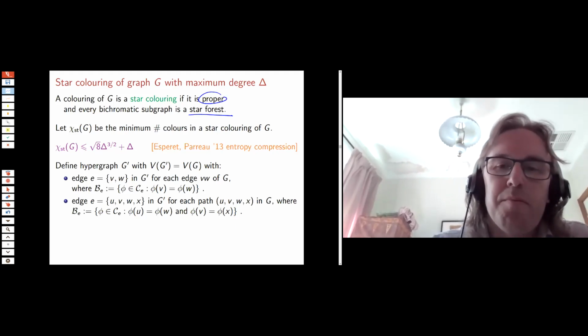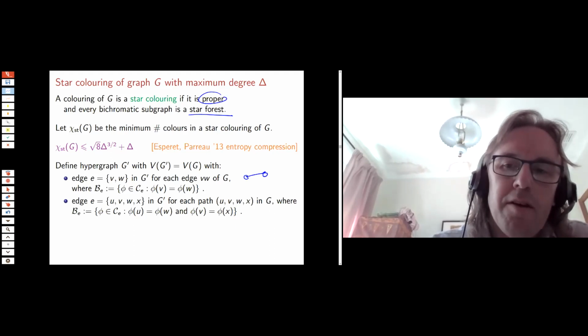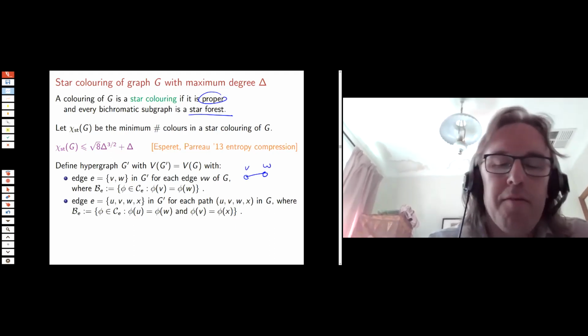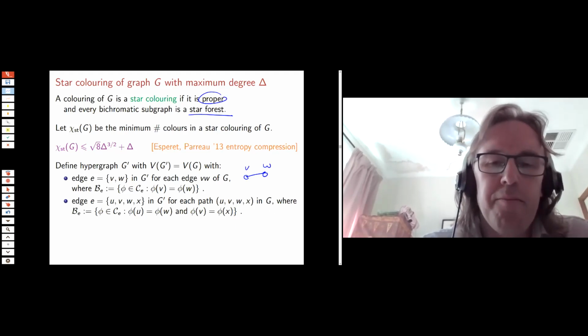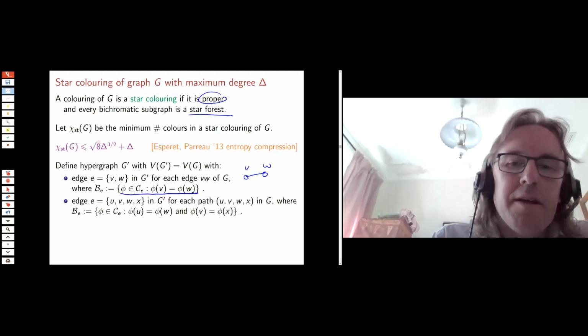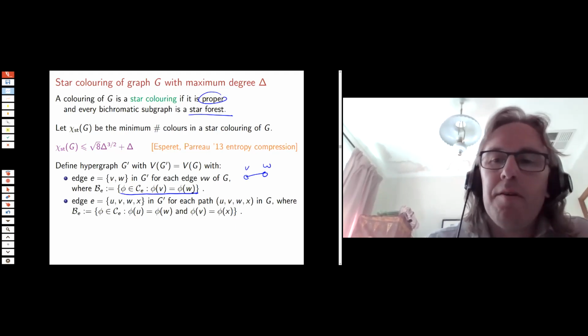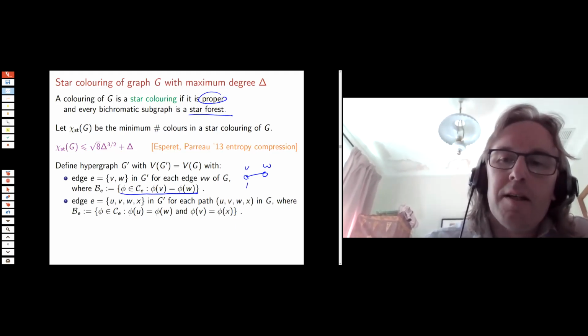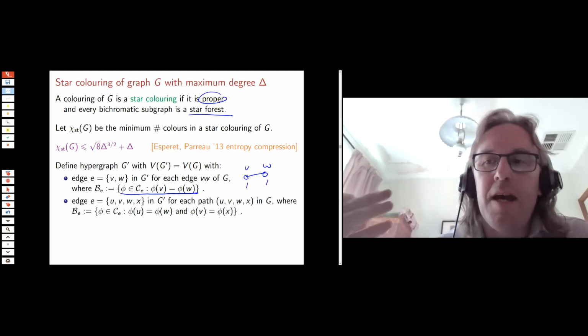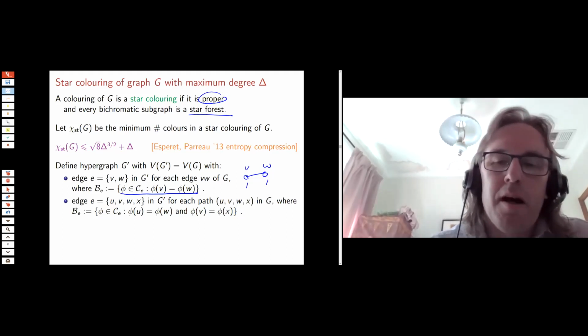The first property is obvious. For every edge VW of your graph, you have an edge VW in the hypergraph, and the bad colorings are exactly the colorings phi where V and W get the same color under phi. We want that not to happen, so we put that into our hypergraph.